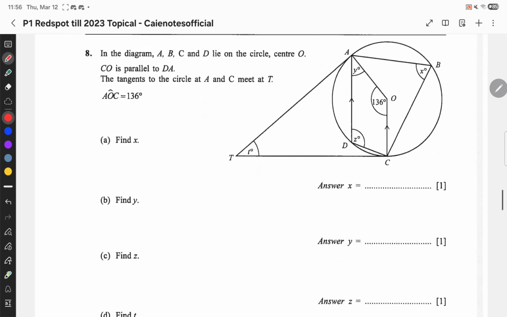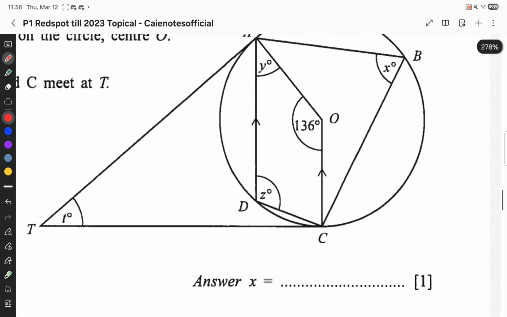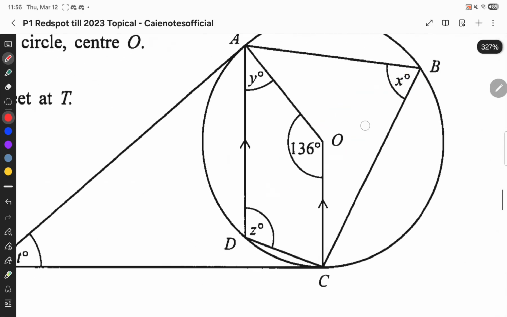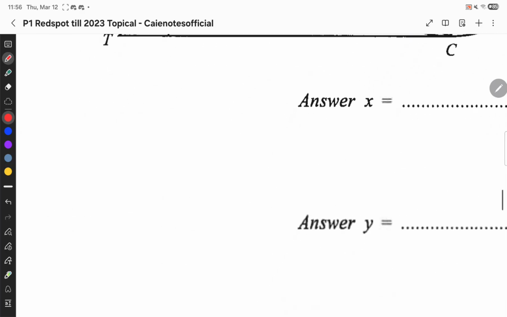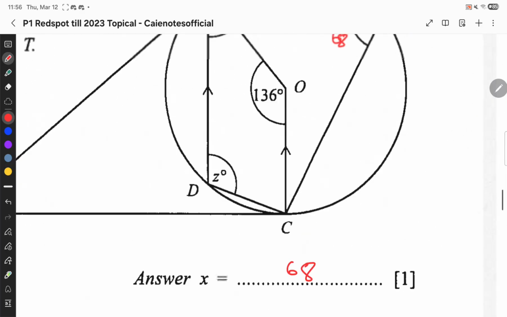Next is this fun question. Okay, not every question is fun, but come on. X is double the angle at the center, same opposite. 136 divided by 2 is 68. First we find this 68.